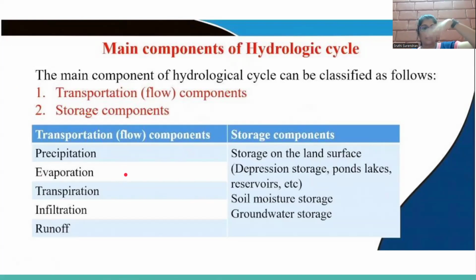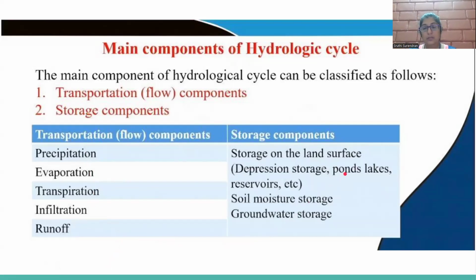Evaporation is the reverse one. In the form of water vapor, water is leaving the oceans or the surface of the Earth back into the atmosphere. Again, this is movement of water. Transpiration also, water is moving from the leaves to the atmosphere in the form of vapor. Infiltration is the downward movement of water into soil. Runoff is the lateral movement of water from one point on the surface to the oceans or another point.